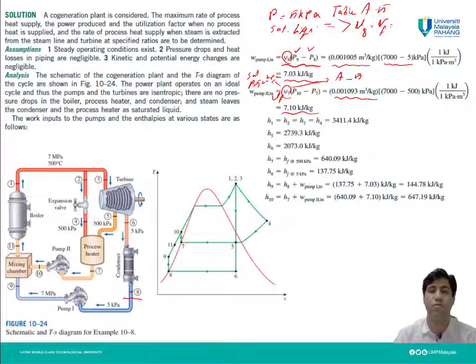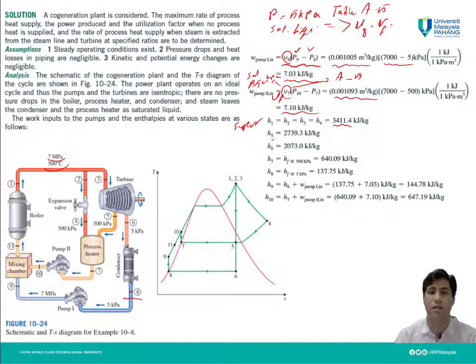So we should go to the table for the superheated region with this pressure and this temperature, and find the enthalpy for the superheated water, which is equal to 3,411.4 kilojoules per kilogram. So we have enthalpies for these 4 different states.